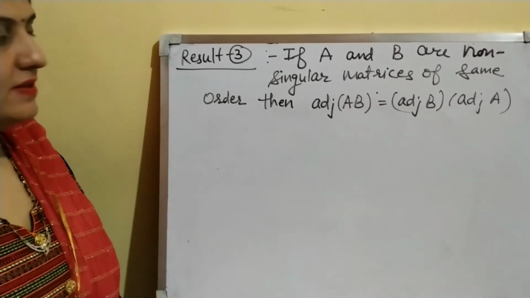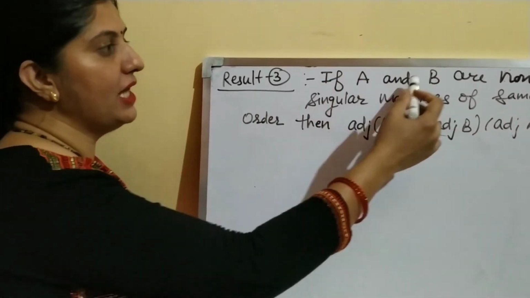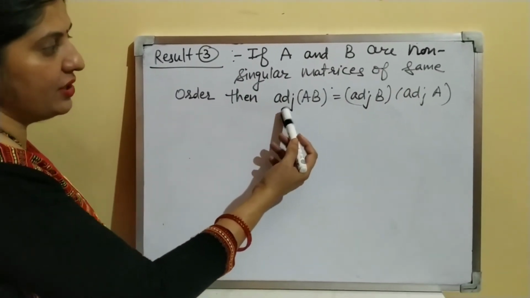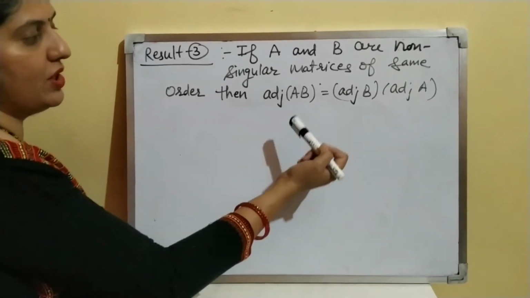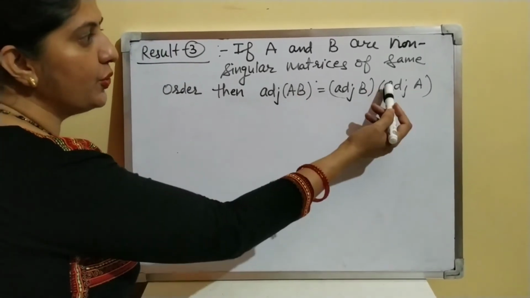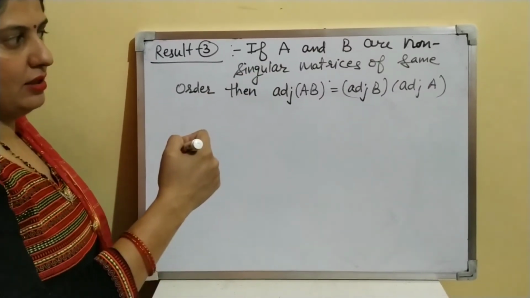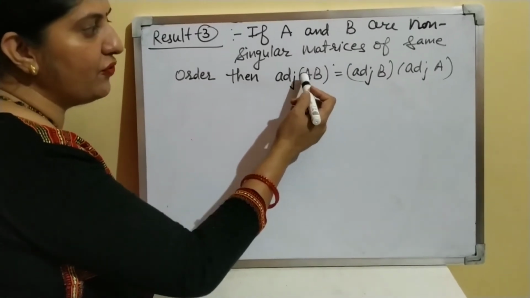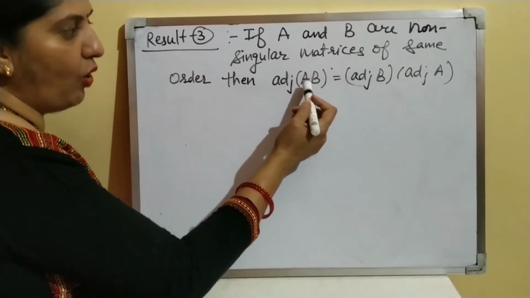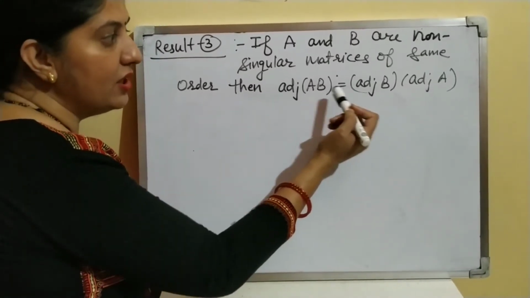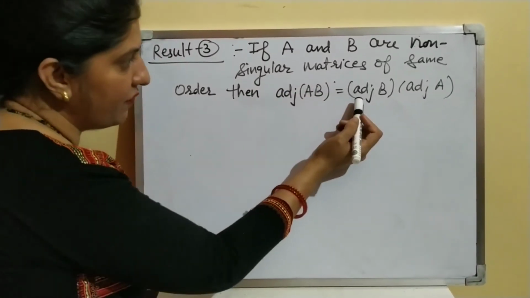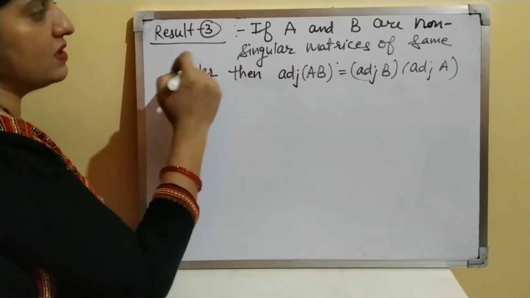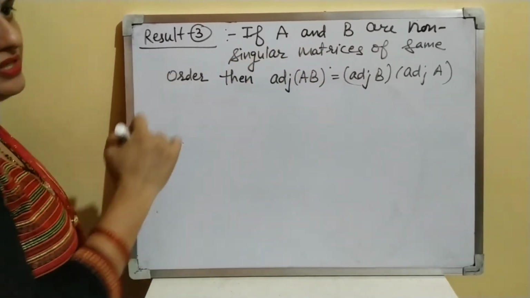Now we will discuss result third. If A and B are non-singular matrices of same order, then adjoint of AB is equal to adjoint of B into adjoint of A. Means if you want to find out the adjoint of a product of two matrices, then we can open it in reverse order. Means we have adjoint of B into adjoint of A. Now see here, A and B are non-singular matrices.